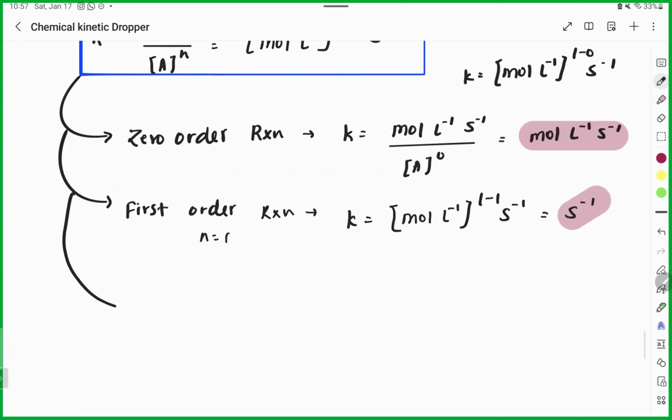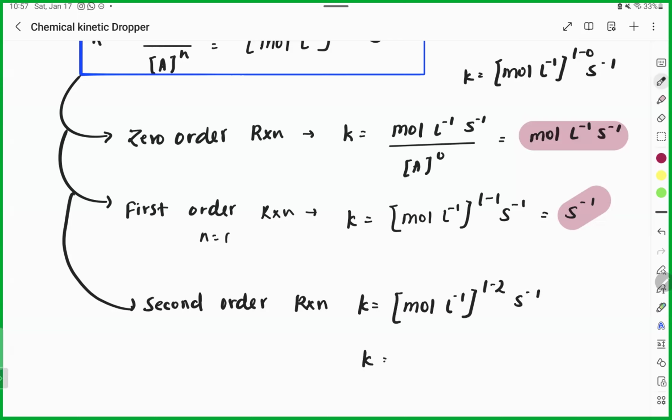Sarah, in second order reaction, what will be the K unit? Moles per liter to the power 1 minus 2, per second. So what will be the overall value? Raised to minus 1, because the power becomes minus 1. Yes, sir.